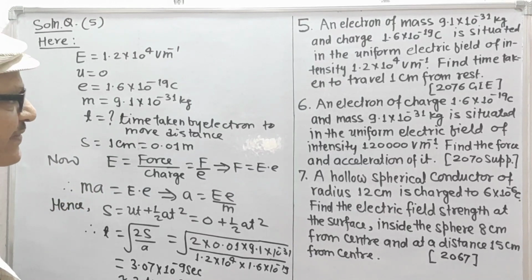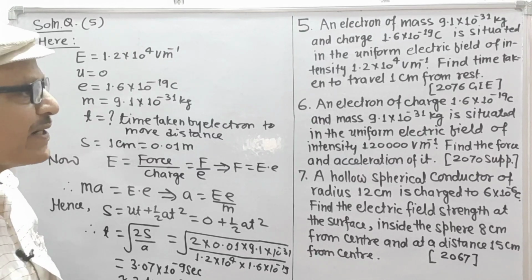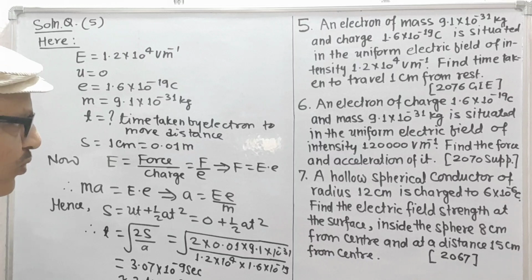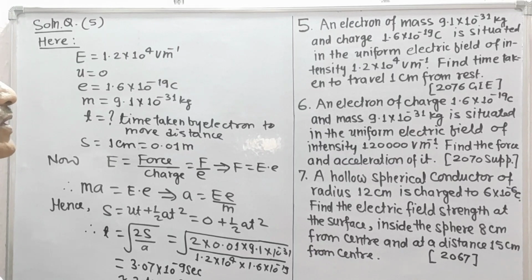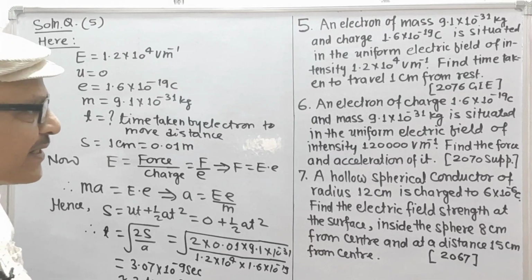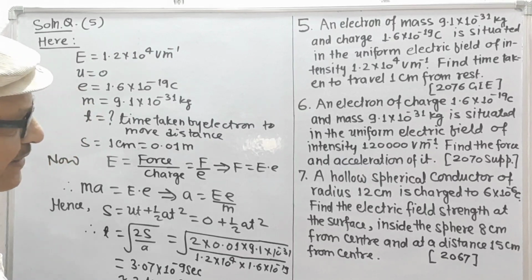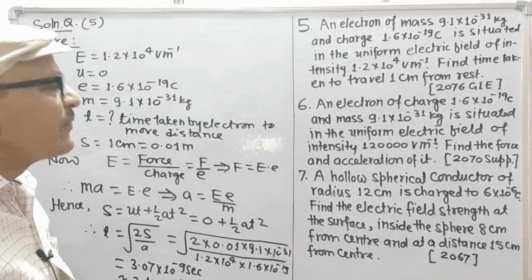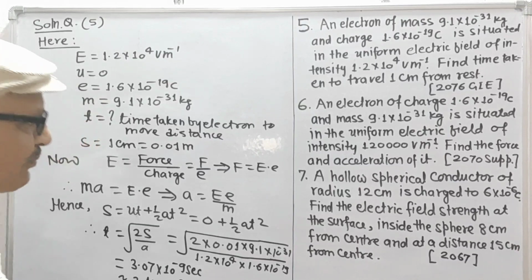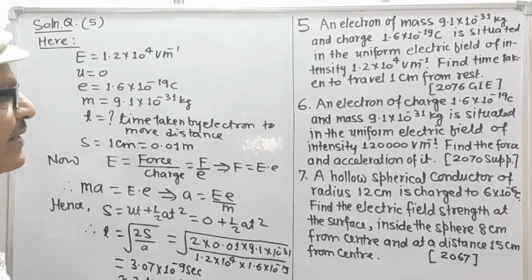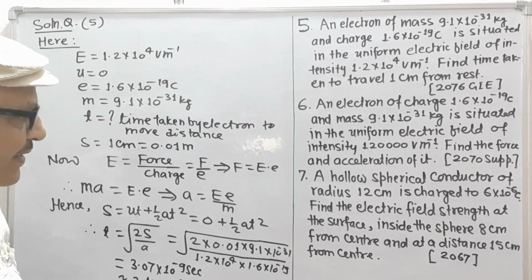Next question number 6. The question is, an electron of charge 1.6 into 10 to minus 19 coulomb and mass 9.1 into 10 to minus 31 kg is situated in the uniform electric field of intensity 12 into 10 to power 4 volt per meter. Find the force and acceleration on electron.